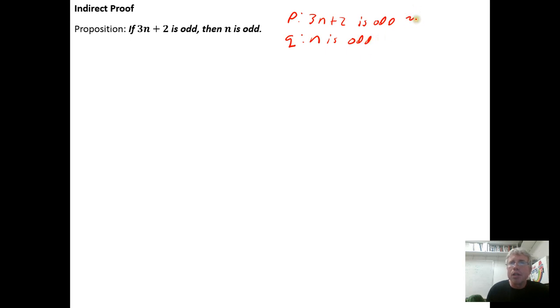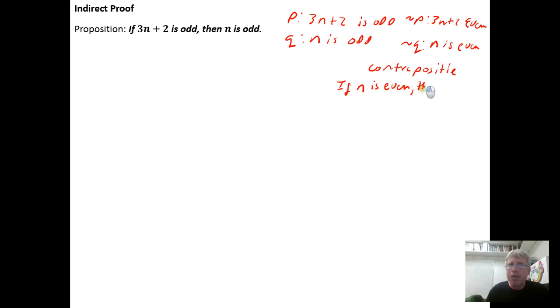So not P would be the statement that 3n plus 2 is even, and not Q would be the statement that n is even. So the contrapositive of our implication is: if n is even, then 3n plus 2 is even.